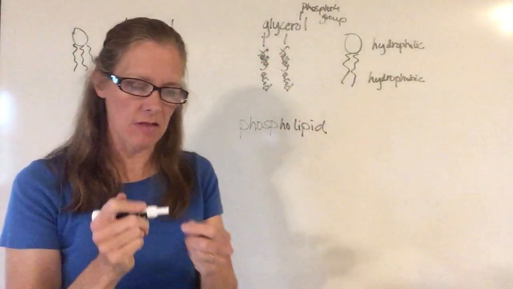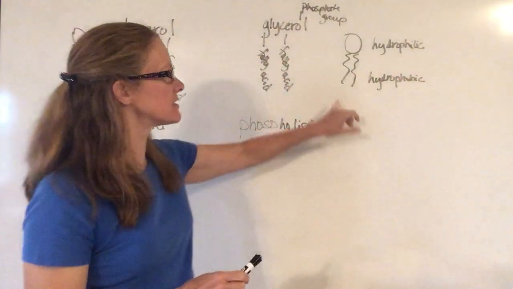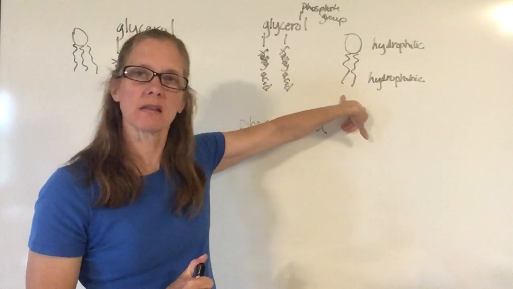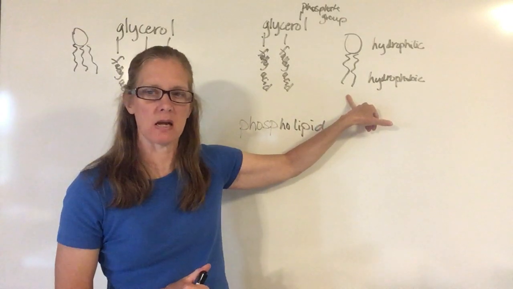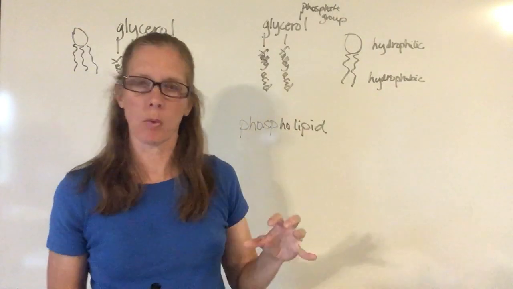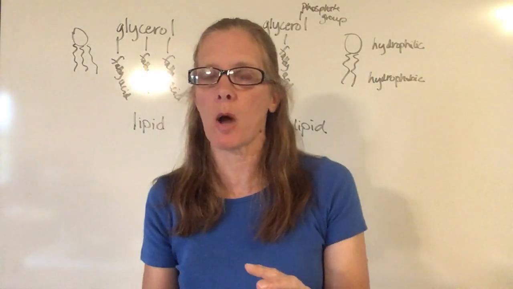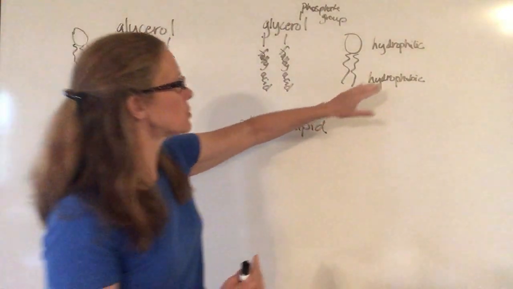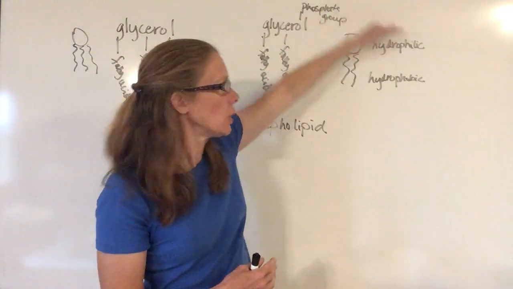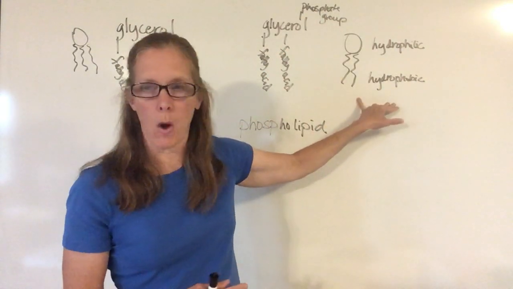It does not like water, and that's because it's nonpolar, just like a lipid is. It's kind of like an oil, where it's not going to appreciate being in with all these polar water molecules. Remember, we talked about polar water molecules, how they have a positive end and a negative end. So this end likes water, this end does not like water.